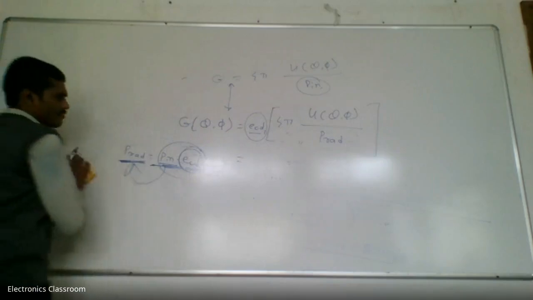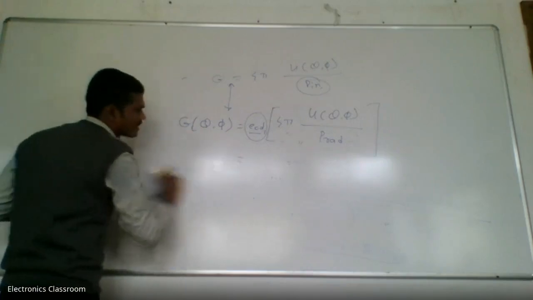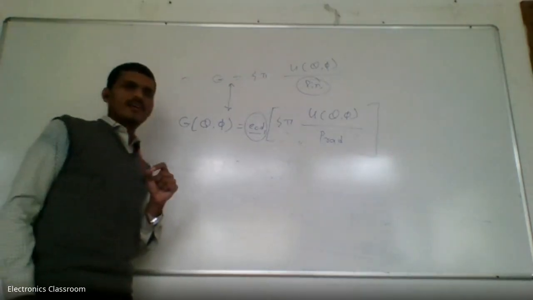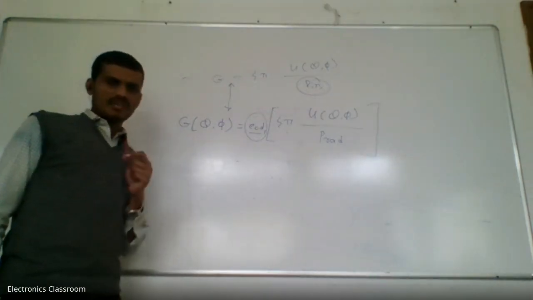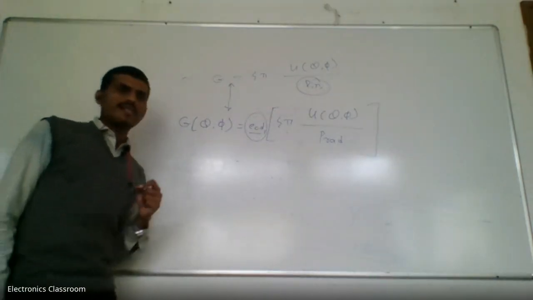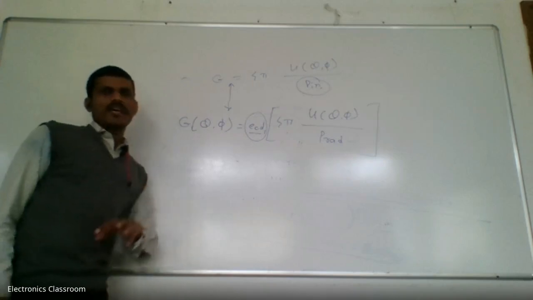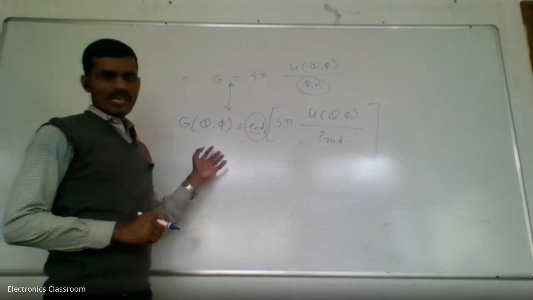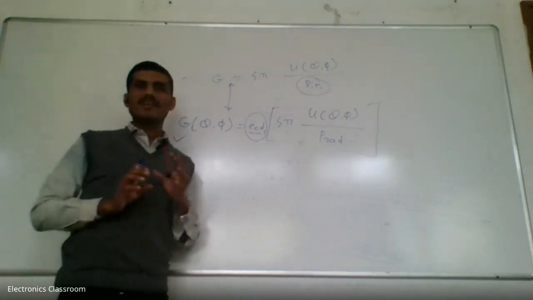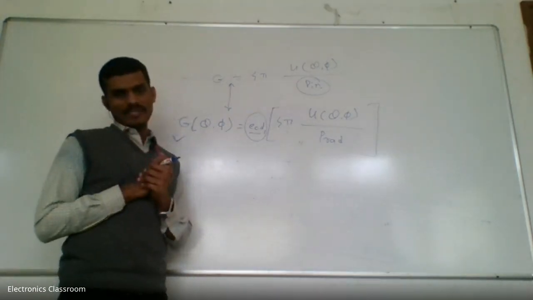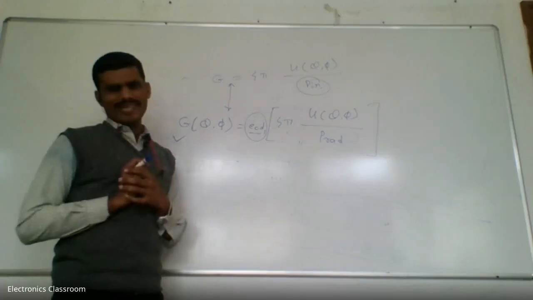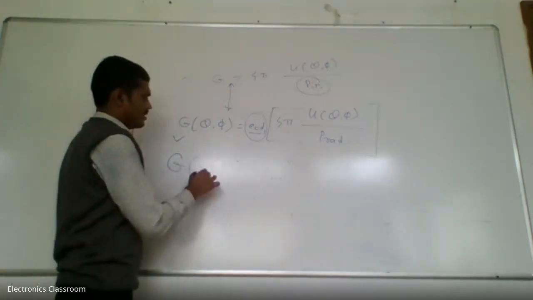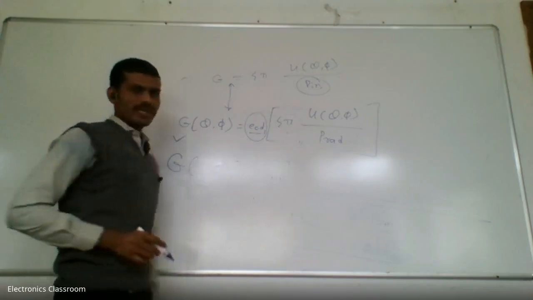Now this is your absolute gain. What is the exact difference between gain and absolute gain? In gain, we have not considered the mismatch losses or radiation losses, but in the absolute gain, we are considering the mismatch losses and radiation losses. Now, this equation is totally related to the directivity equations, which were derived in the last lecture.